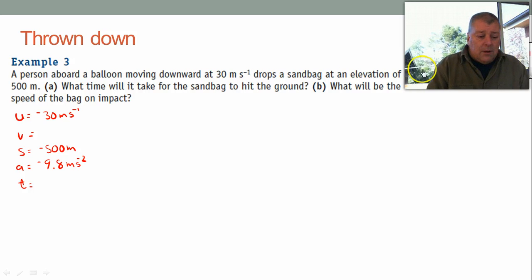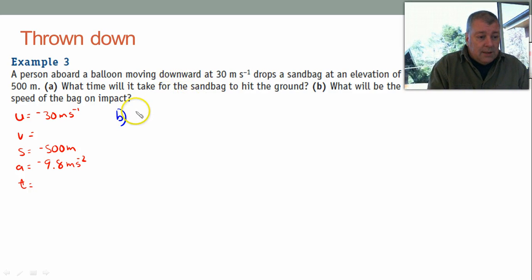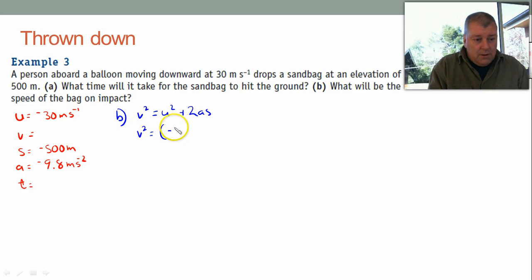Again, in this case, it's better to work out part B, find v first and then find t. Otherwise we're going to run into the quadratic equation. So v squared equals u squared plus 2as would be our formula. We put in the numbers, being fairly neat with our setting out.